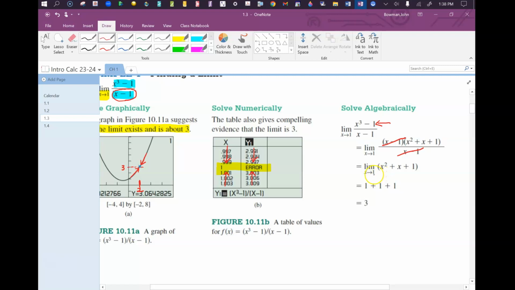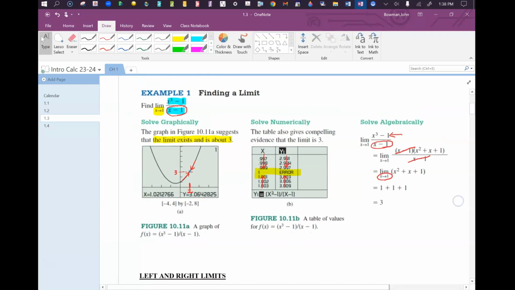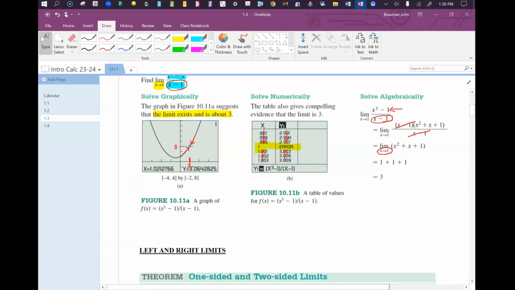So at this point, if we tried substitution, we would get 1 squared, which is 1, plus 1 plus 1, which is 3. If we had tried substitution to begin with, our denominator would have been 0, and we could not evaluate that. So we're going to take a look at graphical, numerical, and algebraic representations of limits.